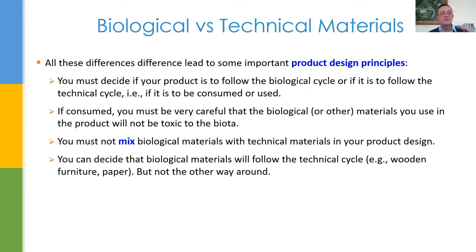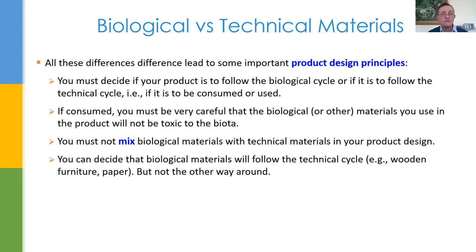Now, if it's going to be consumed, you have to be very careful that the biological or other materials that you use in that product will not be toxic to the biota. If they will be, then you should really be considering making a product that is used, that will go through the technical cycles, because those materials then will be quarantined off from the natural environment.